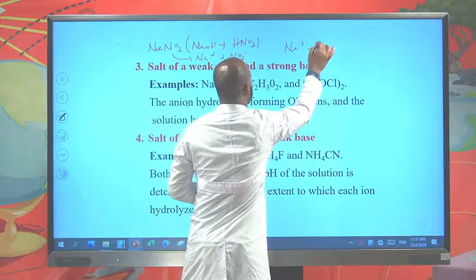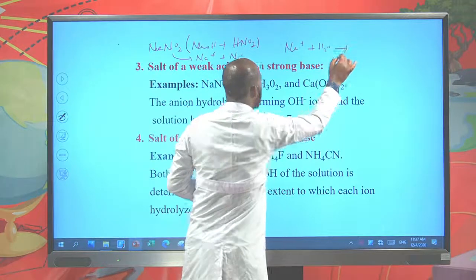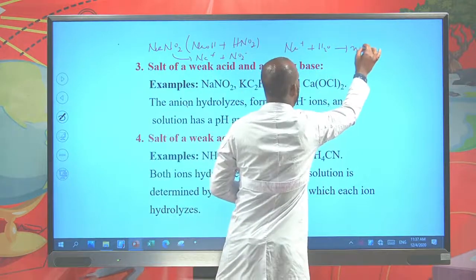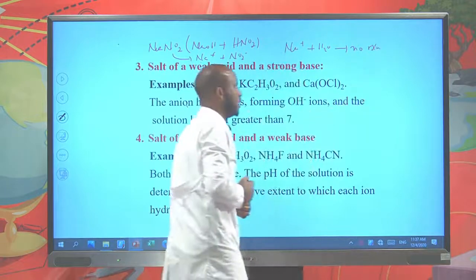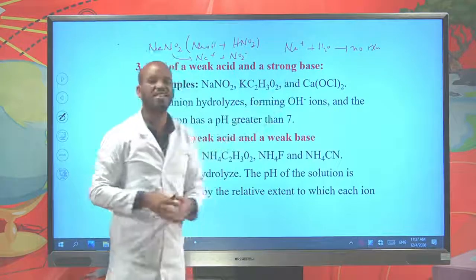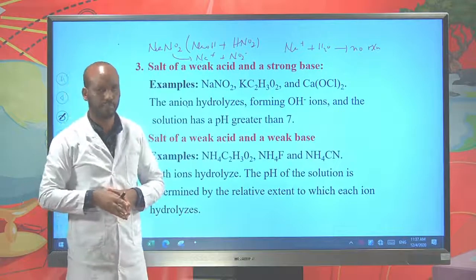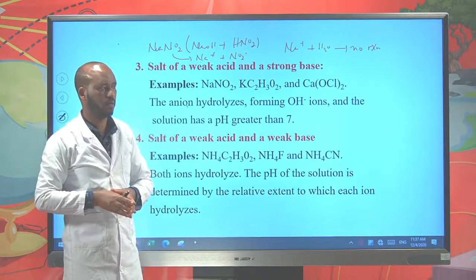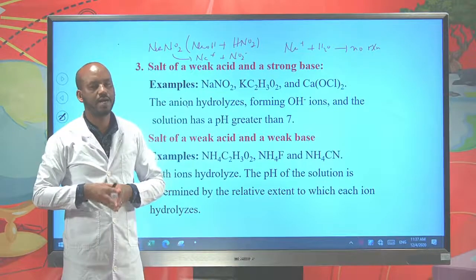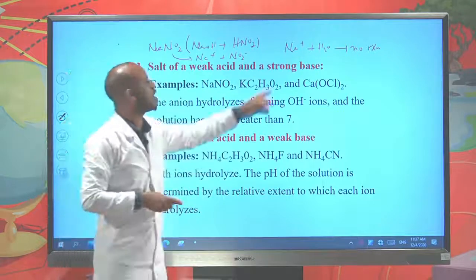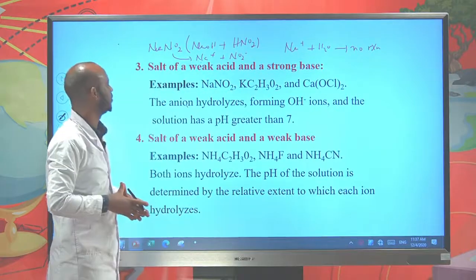Sodium plus and water, H2O liquid: no appreciable reaction, because sodium plus is neither acidic nor basic, it is neutral. Cations of alkali metals and alkaline earth metals do not react with water.